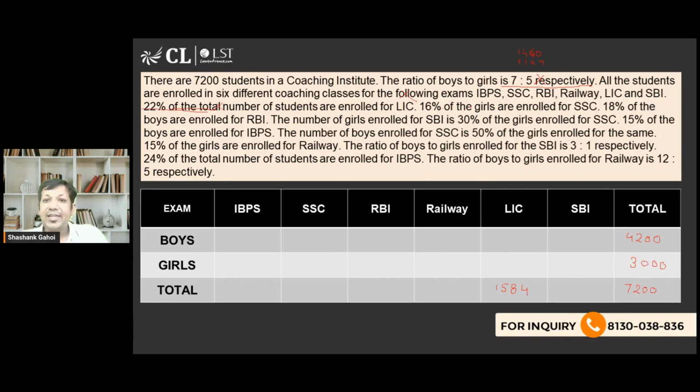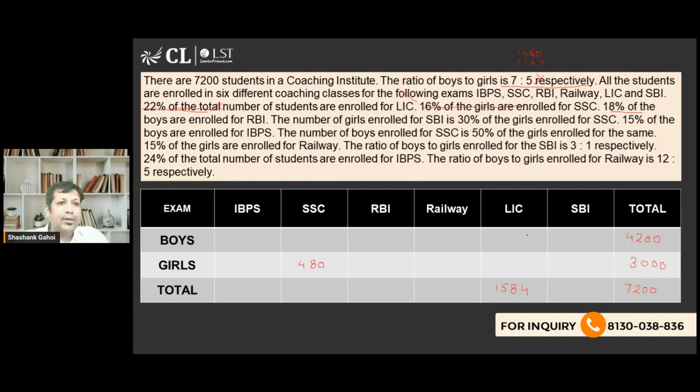16% of the girls are enrolled for SSC. The total number of girls is 3,000, and 16% of 3,000 is going to be 480. So this value comes out to be 480, and that is also used. 18% of boys are enrolled for RBI. 18% of 4,200, because boys are 4,200.